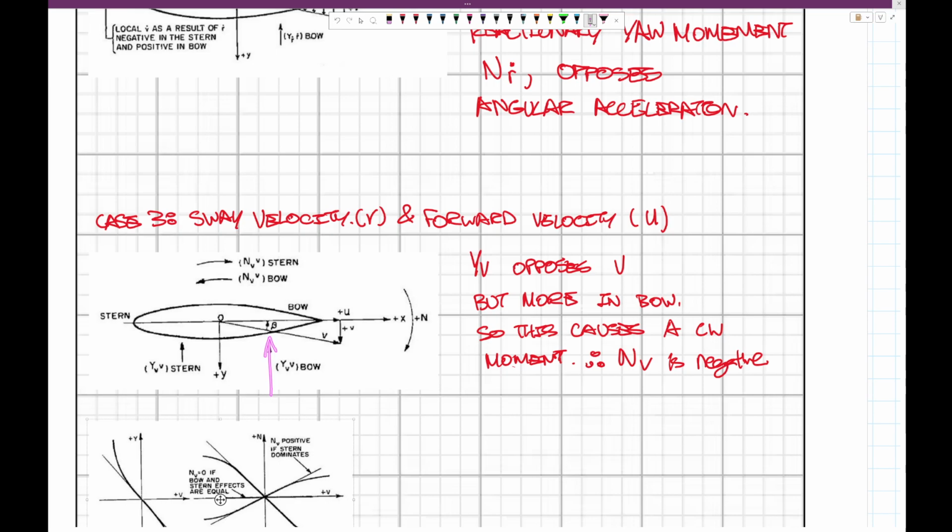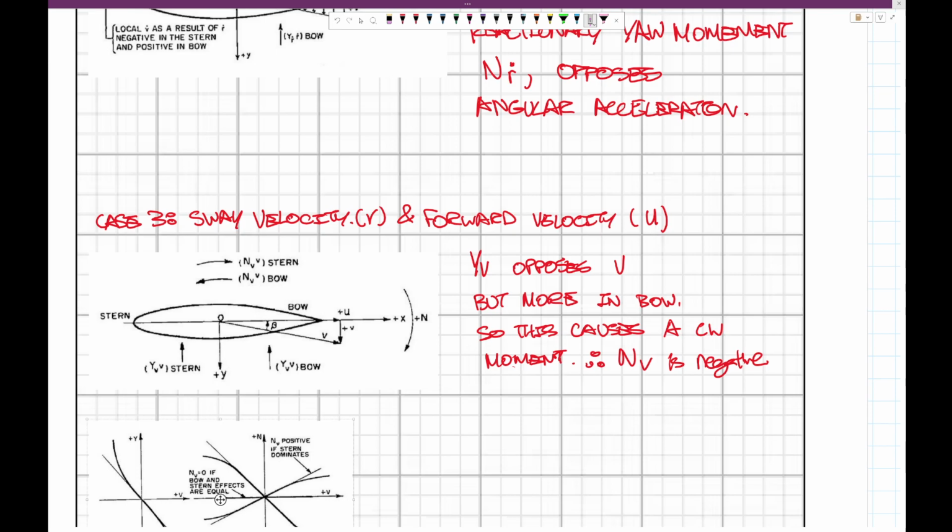So you're basically going to start turning in a negative rotation because of that. Like this, your bow force is going to be greater than stern force. Usually, depending on the shape of your boat, it might be different, but for most cases, and for most canoes, it should be like this.